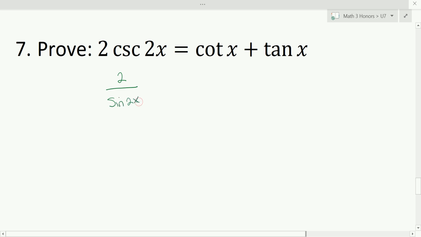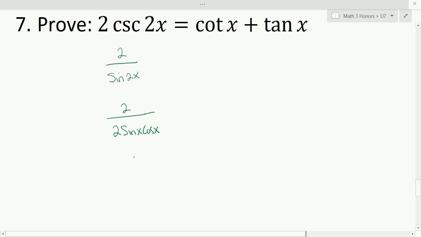So that would be a good first step. Then there's only one formula for a double angle for sine. It's going to be 2 over 2 sine x cosine x. And you could reduce that fraction. Now you get 1 over sine x cosine x.